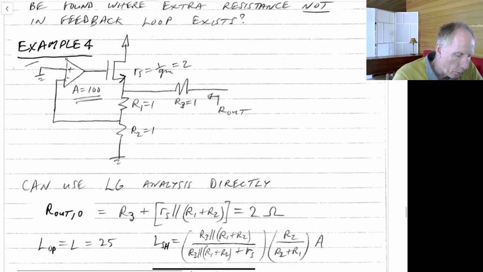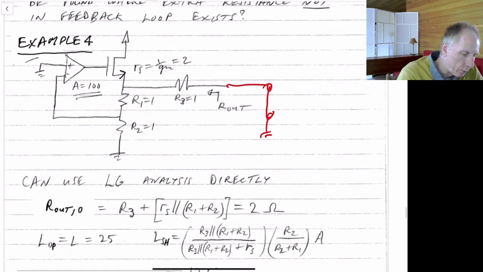So we could use the loop gain method directly, and we could just say, look, we'll either leave this open and find the loop gain when this is opened, or we'll short it and find the loop gain when it's shorted.